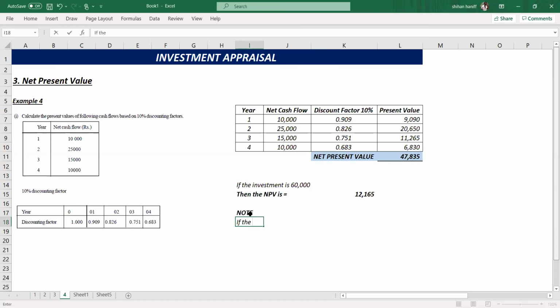If the NPV is positive, the project will be accepted.